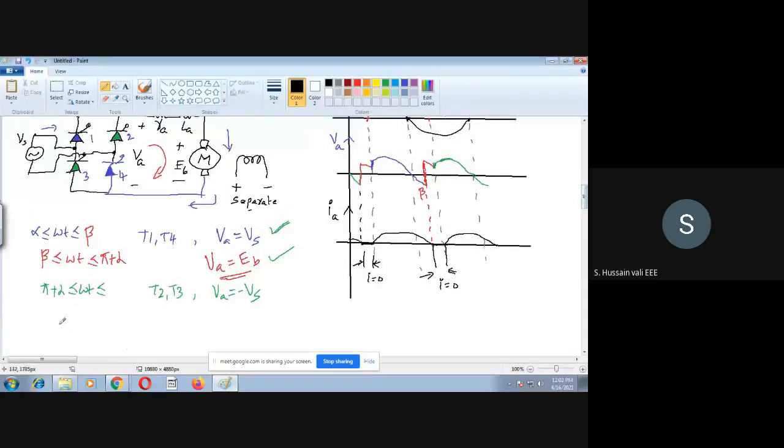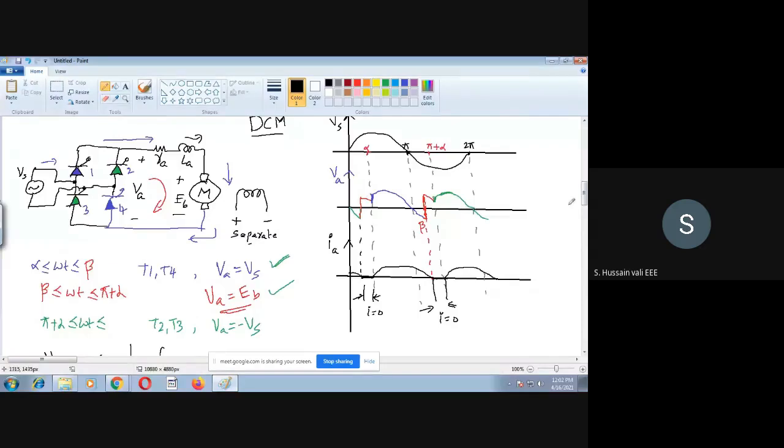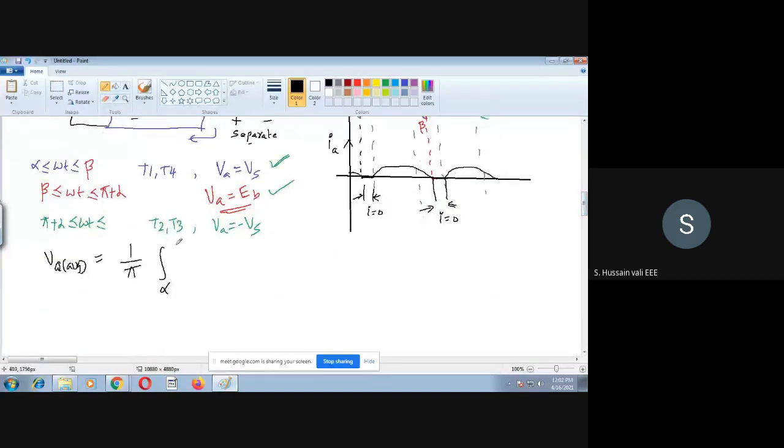VA average is equal to 1 by the time period, which is pi, times the integration. What duration will we take here? We will take alpha to pi plus alpha, because whatever you get in alpha to pi plus alpha is repeating. So the integral of va of omega t, d of omega t, then 1 by pi.